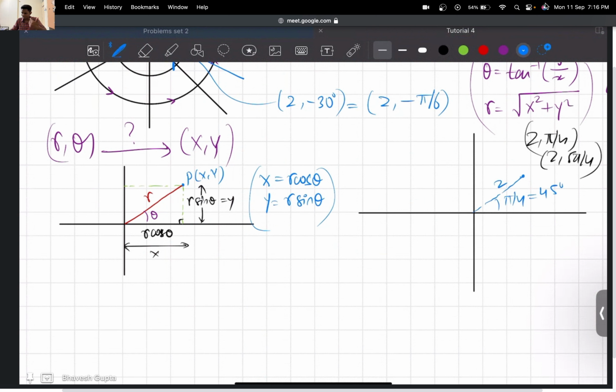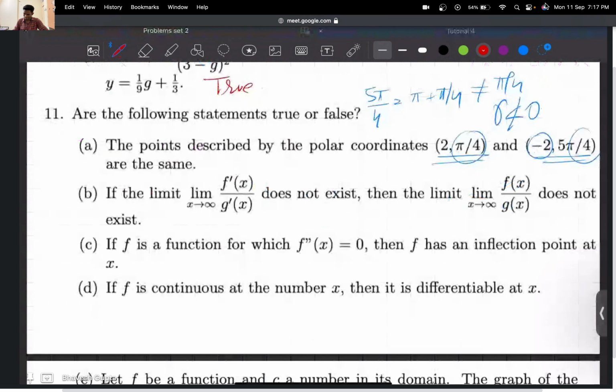My second point, 5 pi by 4, turns out to be over here at a distance 2, where you can see that this is pi and this is my pi by 4. So basically these two points are antipodal points, diametrically opposite. You can have that kind of picture in your mind. These two points are basically reflection symmetric with respect to the origin. So that's the idea here.